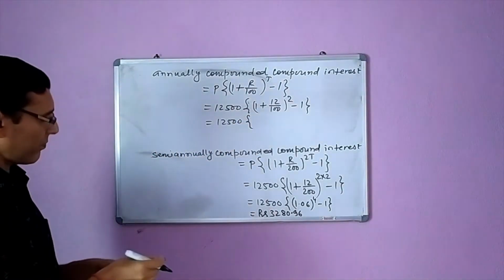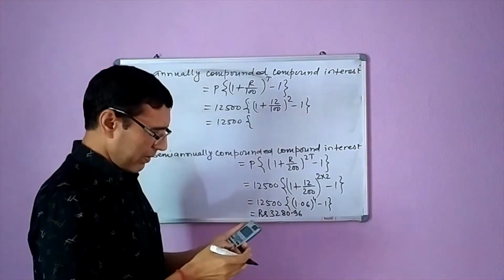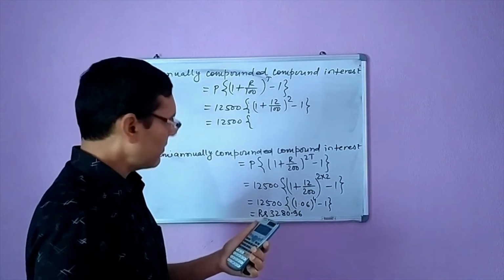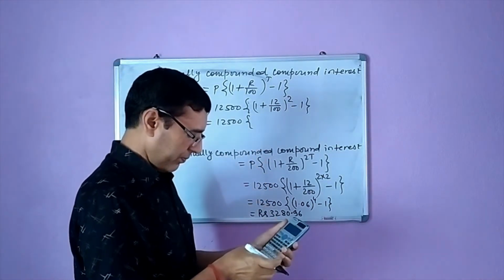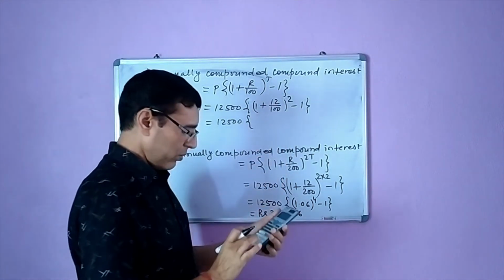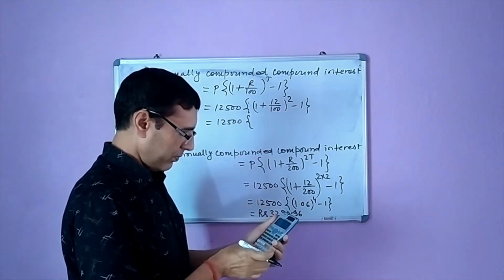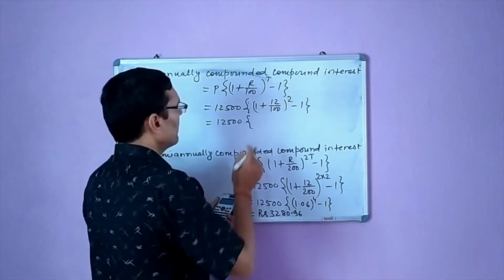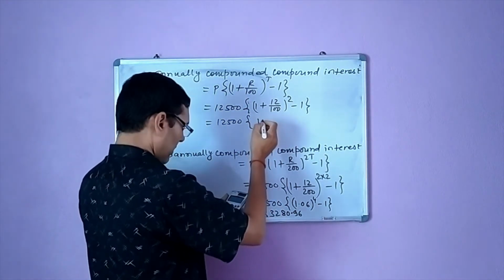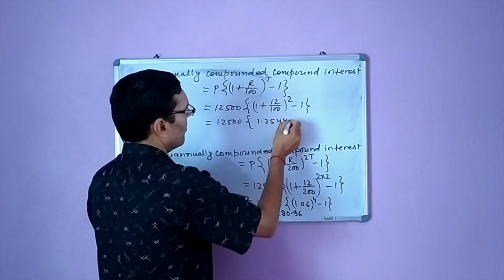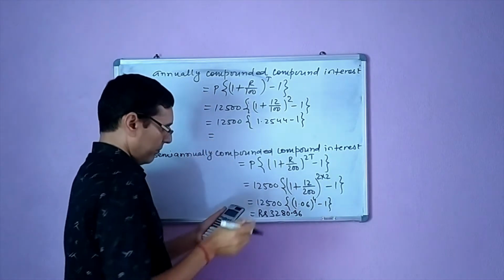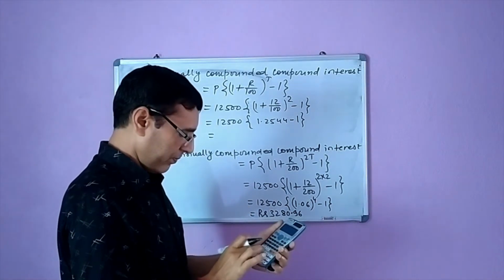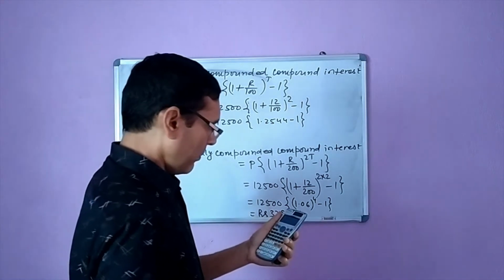Now here also 12 divided by 100 plus 1 to the power 2, from here we get 1.2544 minus 1, into 12,500. We get 3180.